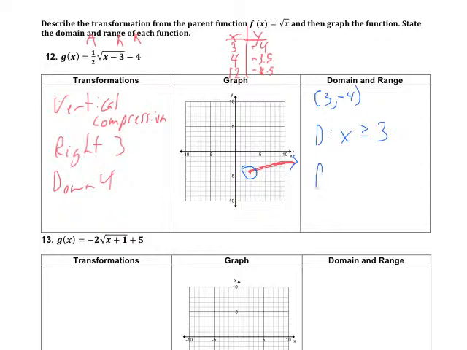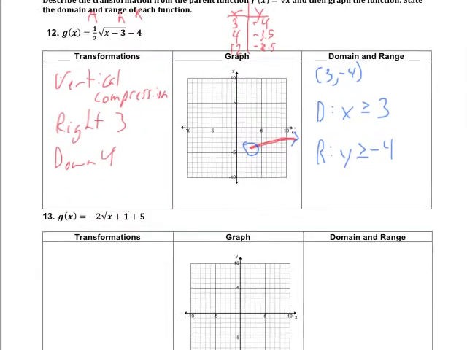And then the range is the y numbers, and again it's all about that number -4 from the starting point. And this graph goes up forever, so we would say all numbers greater than or equal to -4. That one's done.